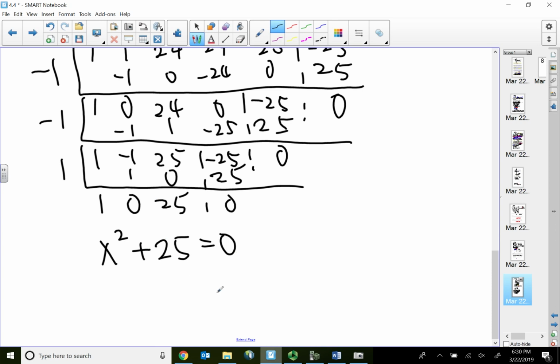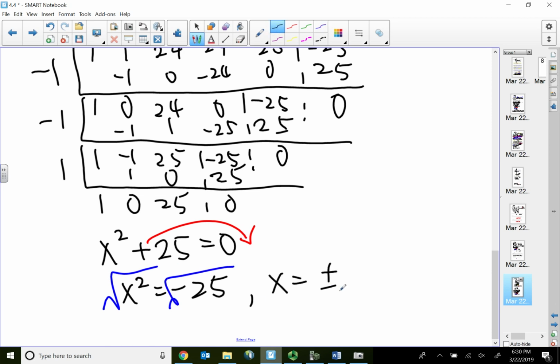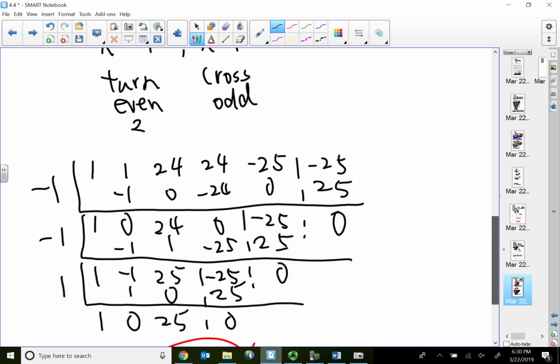So this is not going to give me 1 or negative 1 for my other zeros. So my assumption was actually correct from the beginning. This is going to be x squared equal to negative 25, so when I take the square roots on both sides, x equals positive and negative 5i.